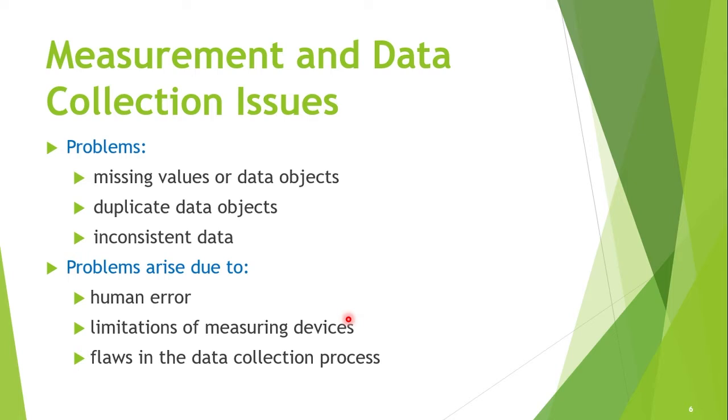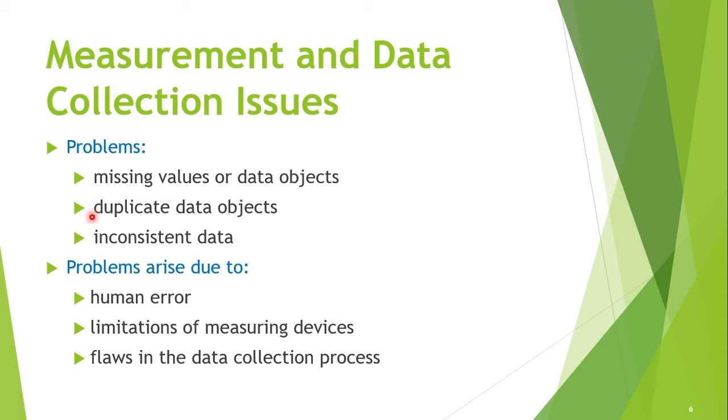Of course, it is unrealistic to expect that data will be perfect. There may be problems due to the following: human error, limitations of measuring devices, or flaws in the data collection process. Values or even entire data objects may be missing. So, problem number 1 is missing values or data objects.